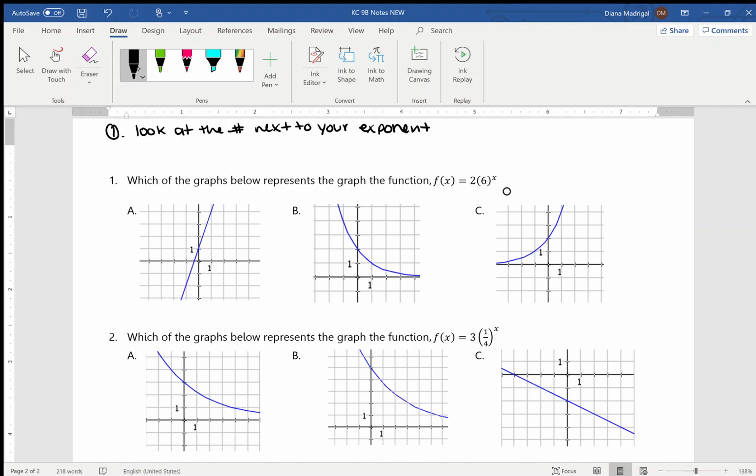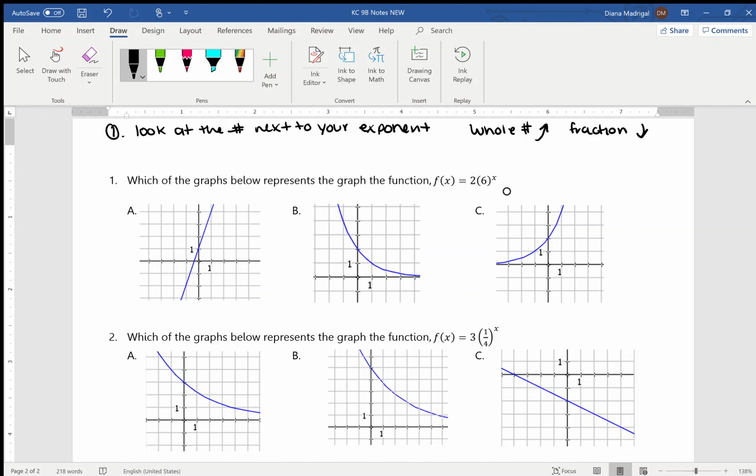Whole number, graph is going up. Fraction, graph is going down. Just by looking at that, I can already identify which one is going to be my answer. Look at number 1. I'm not even doing anything yet to check anything.